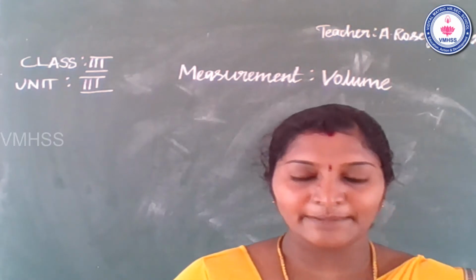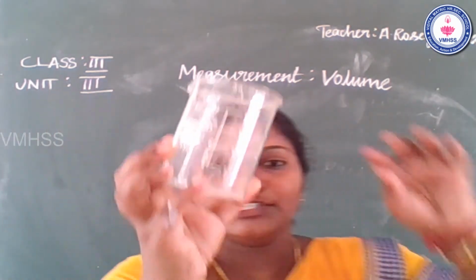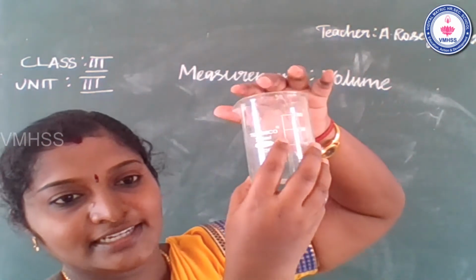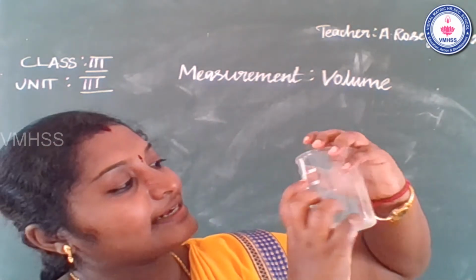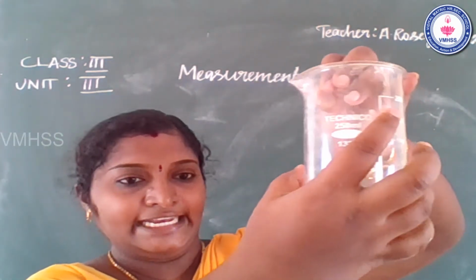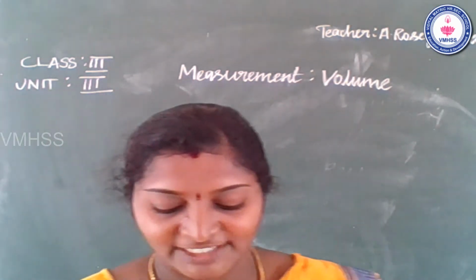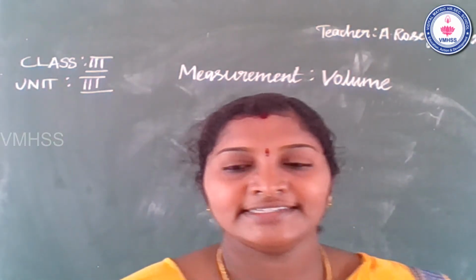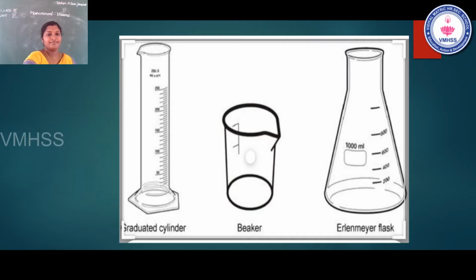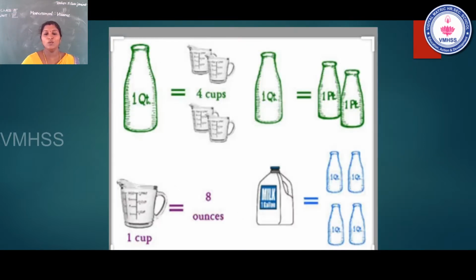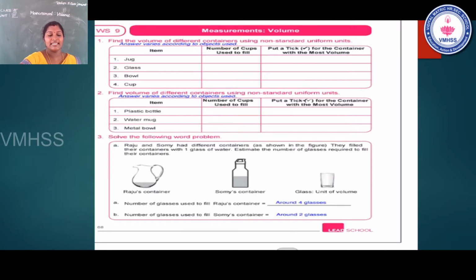That one is a beaker, and this is 200 milliliters. See the next one: 1 quart equals 4 cups. See the next slide.